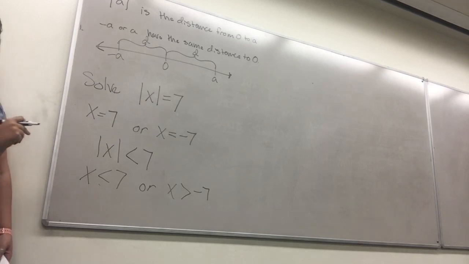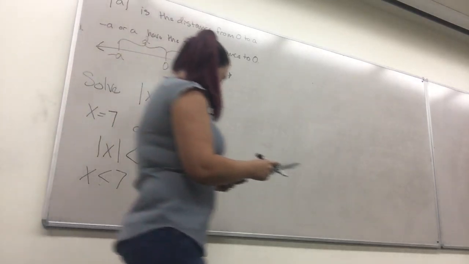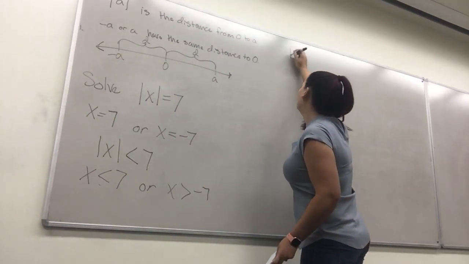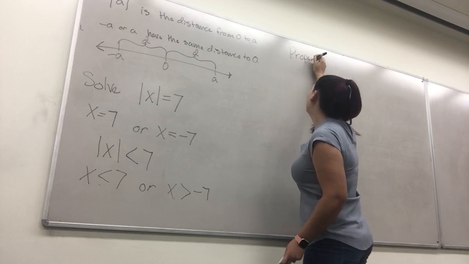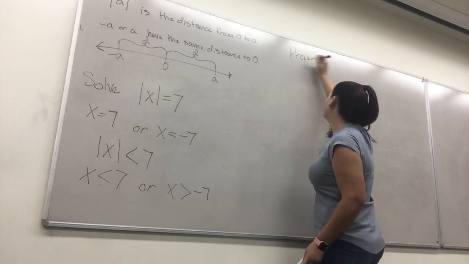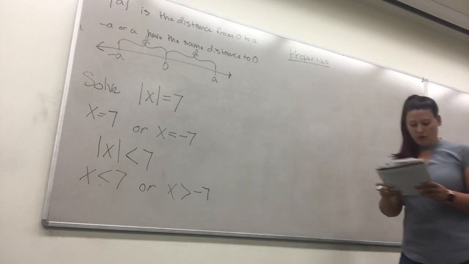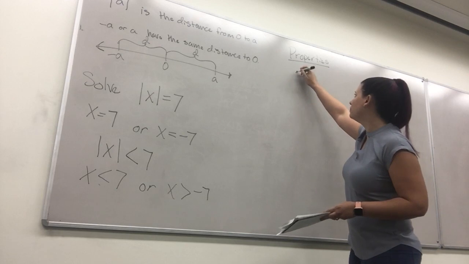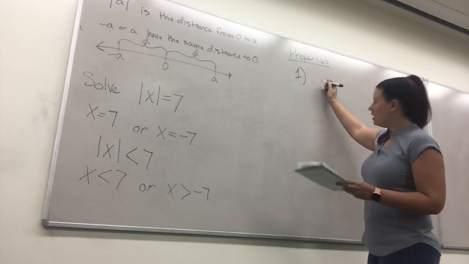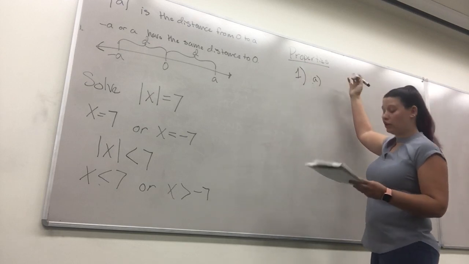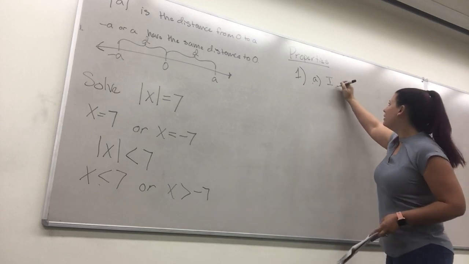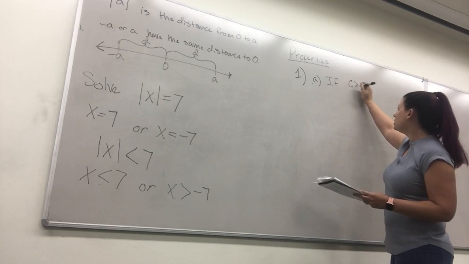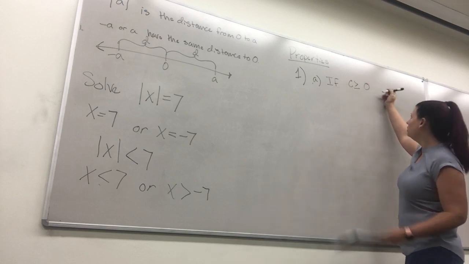No? We're good? Okay. So let's write down some of the properties here. The first big one is, if we have that C is greater than or equal to 0, right?